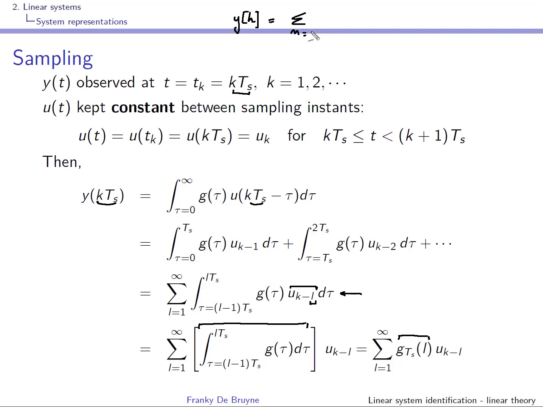So you might as well start the index n at 1 and go to infinity. And then we had called it h of n, u of k minus n. This is the convolution sum, and you can also write it, because the convolution is commutative, as h of k minus n, u of n.